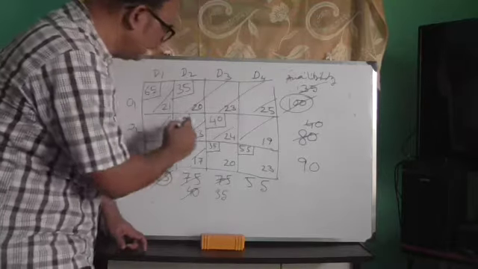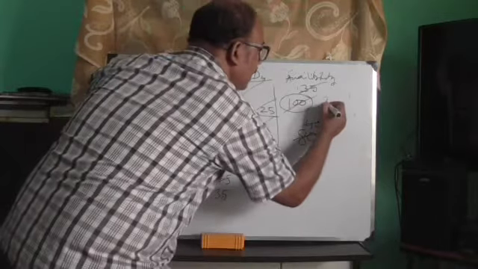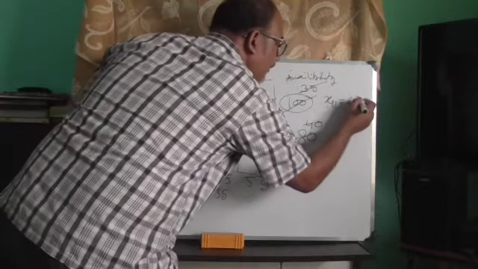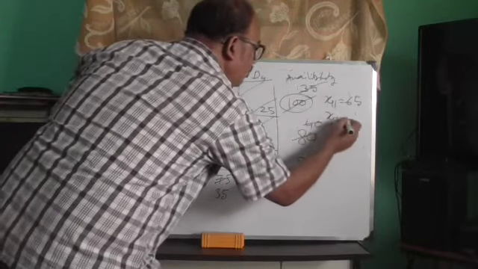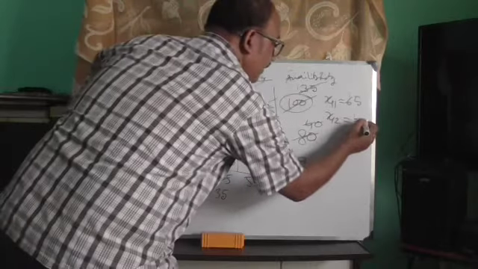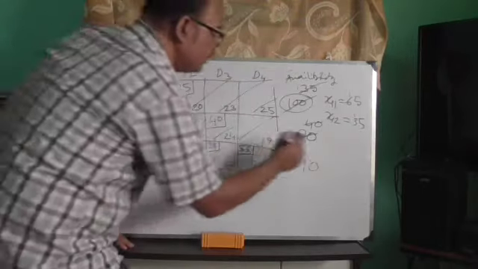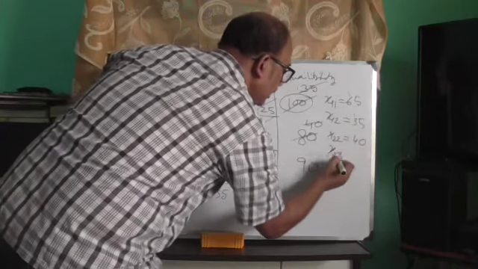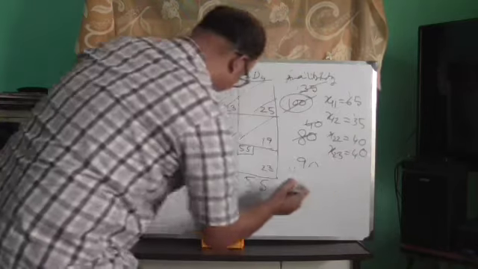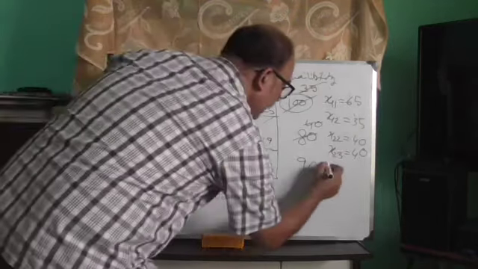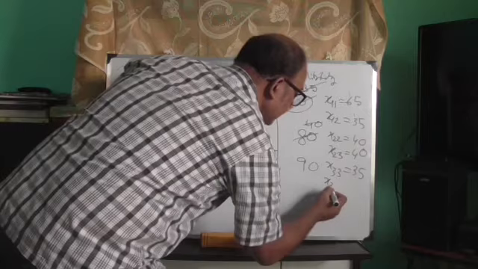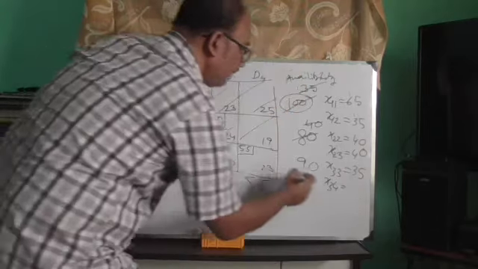These are my allocated cells, the Xij values. If we write these positions, X11 is 65, X12 is 35, then X22 is 40, X23 is 40, and finally these two, X33 is 35 and X34 is 55.